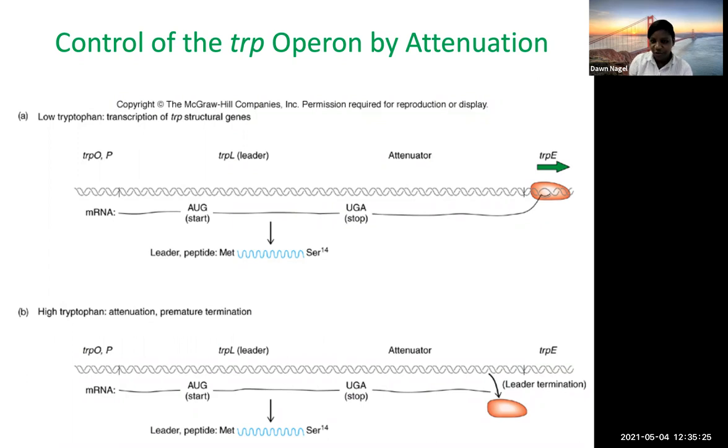You need an extra level of control, particularly for tryptophan, because the normal repressor binding to the operator and also the termination signal are really kind of leaky. So you still get a little bit of background expression of tryptophan, and it really does cause the cell to produce tryptophan. So you don't want to have that background level. You want another way that you can repress transcription of these tryptophan structural genes.